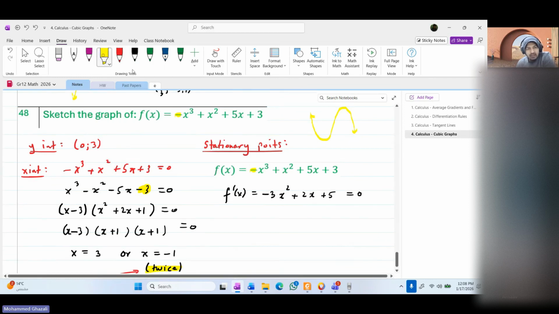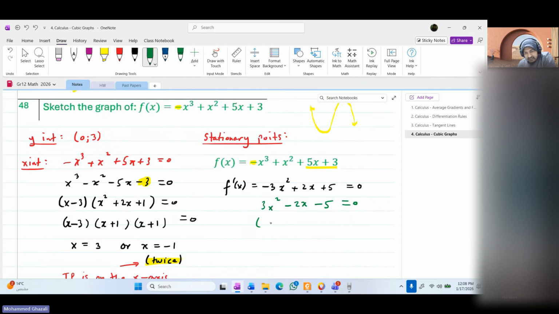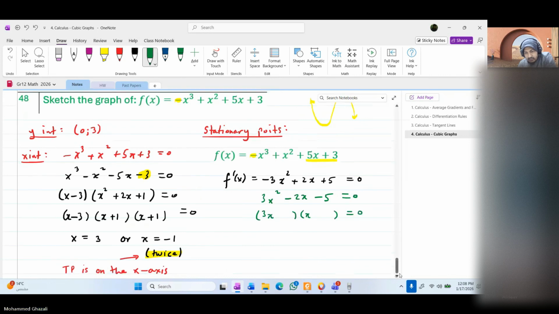Now, why are we saying this? Because this is linear. What's the slope here? 5. Now, write this in standard form. That is 3x squared minus 2x minus 5 is equal to 0. Now, factorize this. It's going to factorize into two brackets, 3x and x equals 0.